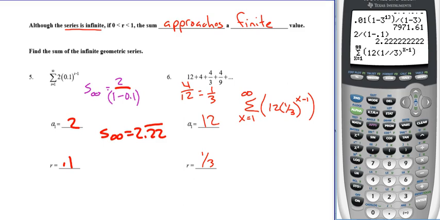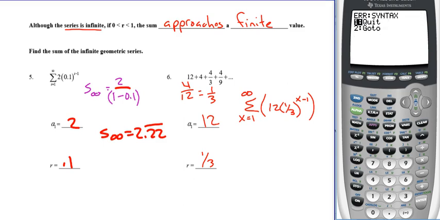Hit enter, and syntax error. Hit division twice. Okay, let's try that again. It's going to take a while for it to calculate all 99 values and then add them all up. But you see we get 18. So the infinite sum equals 18.